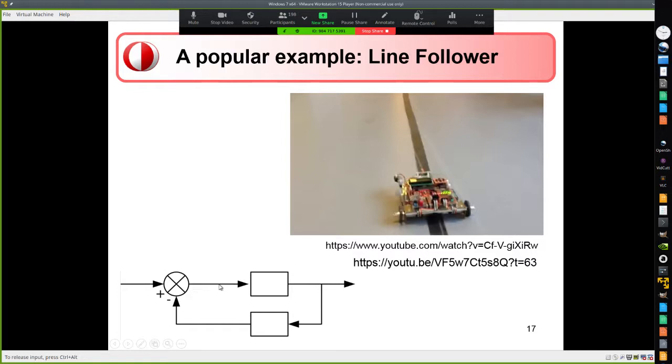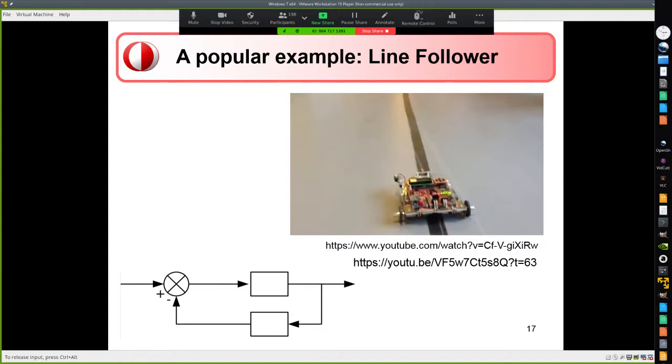So you need to somehow convert this signal to a voltage to the motor. So usually you will have something over here as well, and we usually call this the controller. It can be a simple gain, like an amplifier for the motor voltage, or it can be a PID controller, which is a much more complicated mathematical expression. But essentially you generate voltages to the motors, and those voltages will affect where the line will be. So this becomes a continuous loop, which we call a feedback system.